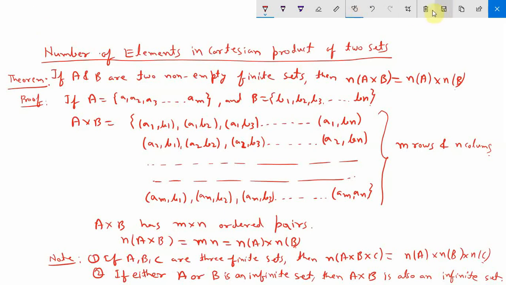Next we will move to graphical representation of Cartesian product of sets.